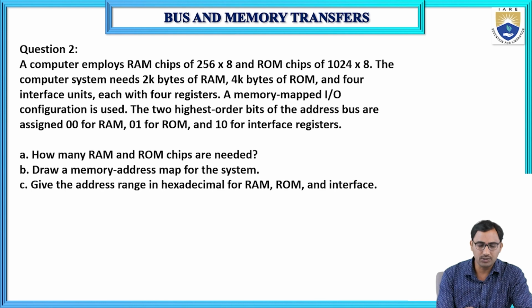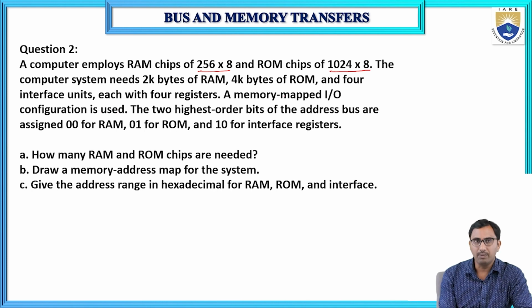And coming to the second question, the computer employs RAM chips of 256 by 8 and ROM chips of 1024 by 8. The computer system needs 2 kilobytes of RAM, 4 kilobytes of ROM, and 4 interface units, each with 4 registers. A memory mapped I/O configuration is used.